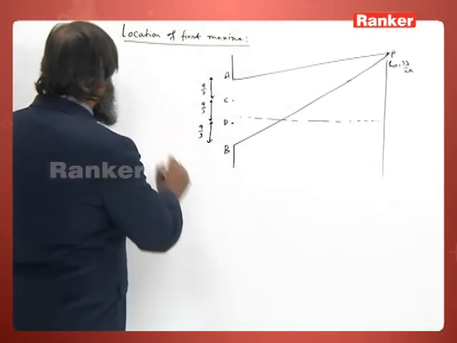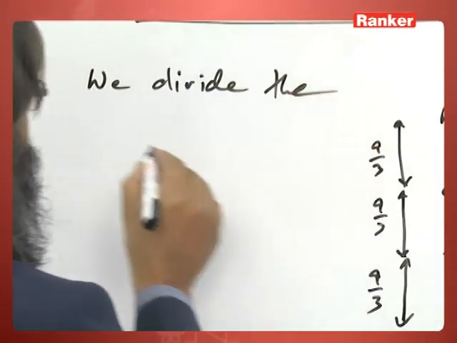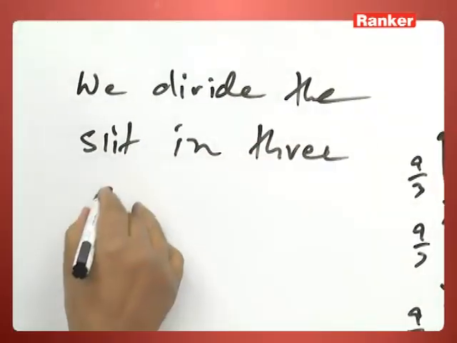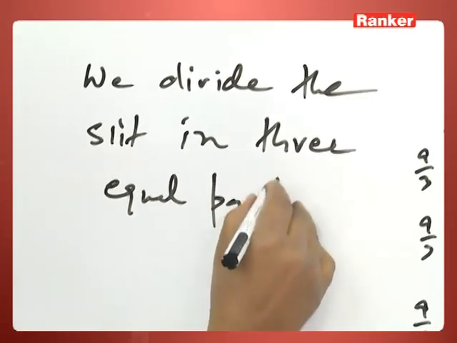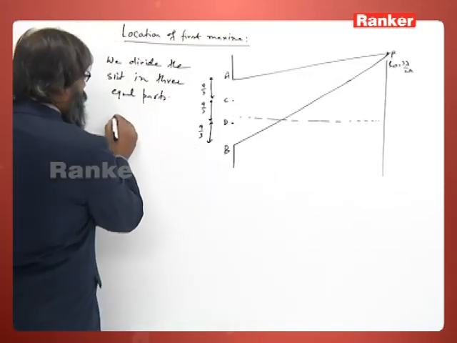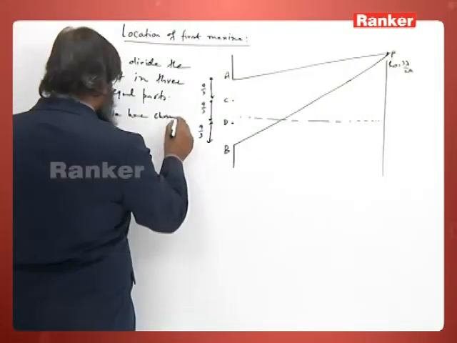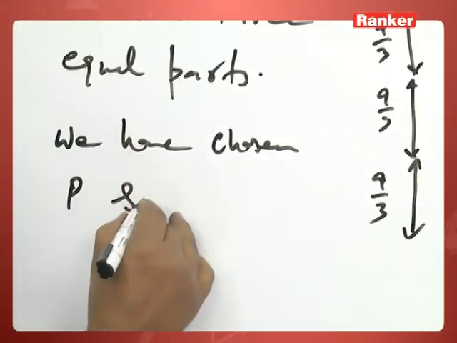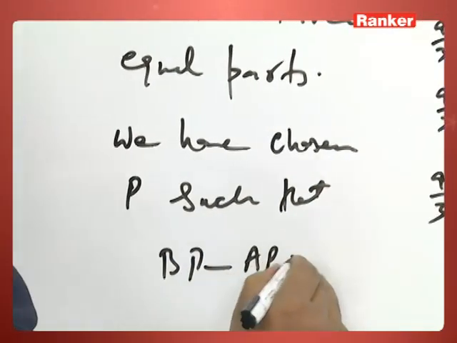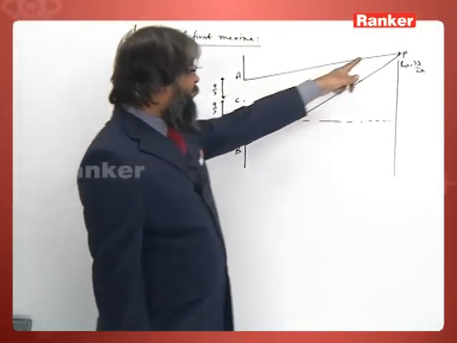So what we do, we divide the slit in 3 equal parts. Now what we have chosen is P such that BP minus AP is 3 lambda by 2. 3 lambda by 2 is the path difference between these two waves.